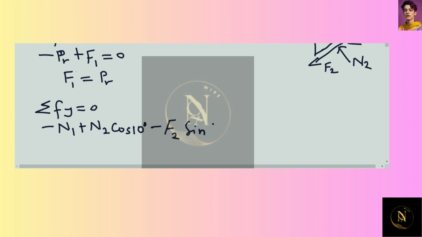Of course, F2 is the same thing as mu, the coefficient of friction, times N2, so F2 is mu N2 sine 10 degrees, equal to zero.